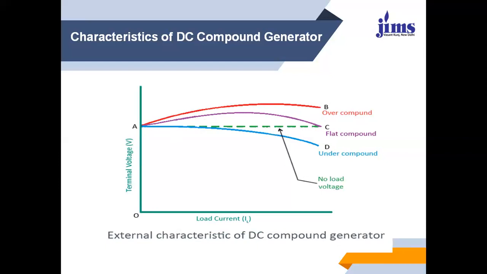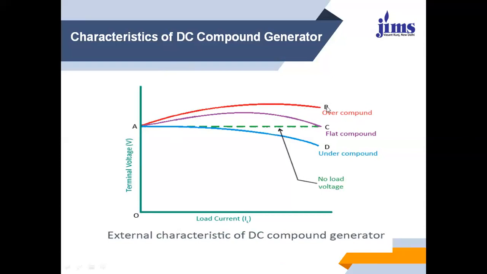Overcompounded means the no load voltage and the full load voltage will be increasing, means if the characteristics of the shunt winding are heavier than the series winding, then at that moment it will work as an overcompound generator, means the field flux produced by the shunt winding is more than the field flux produced by the series winding.